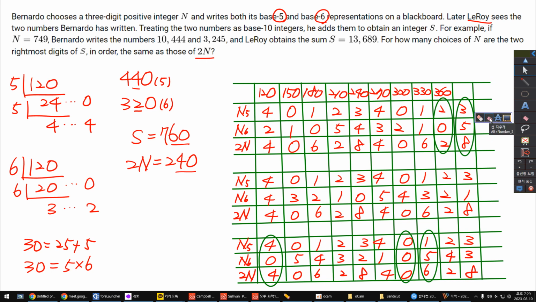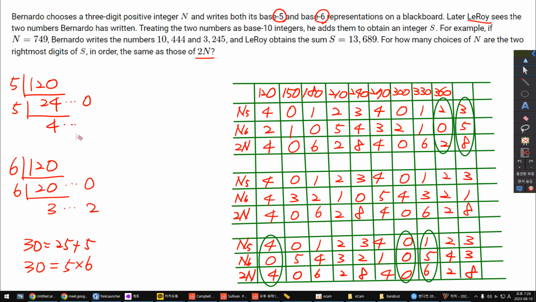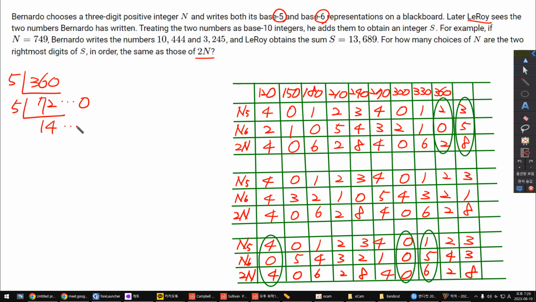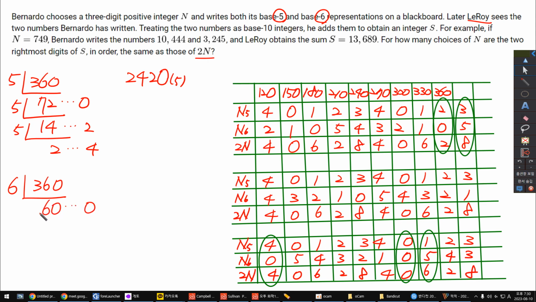So let's change 360 to base 5 and base 6. With base 5, the number becomes 2420, and if we use base 6, the number becomes 1400.